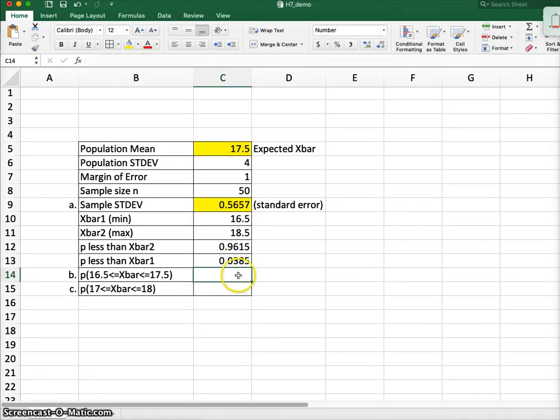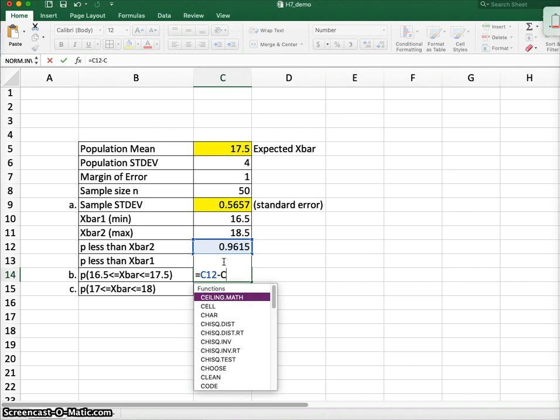That tells me there's a low probability that I would get a sample mean less than 16.5 if the population mean was 17.5. But what I want to know is the probability that it's between 16.5 and 18.5. To do that, same as last time, it's just the maximum minus the minimum. Again, I don't know why that's doing that, but it's C13.